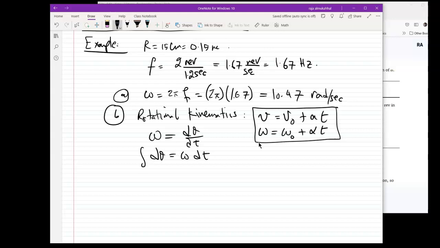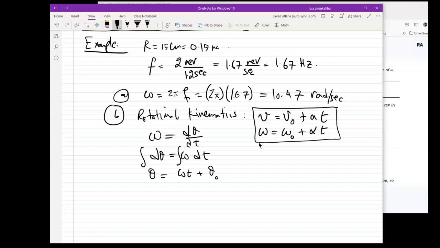If I integrate both sides, I get theta equals the integral of omega, which is omega t, since omega here is a constant, plus an integration constant, theta naught.